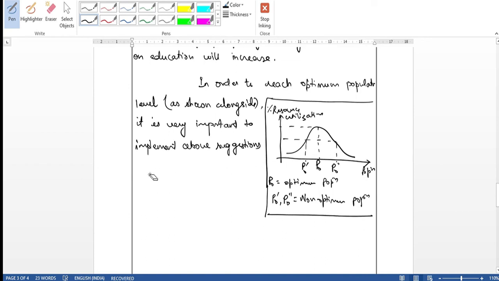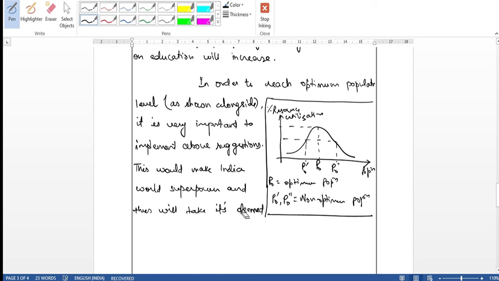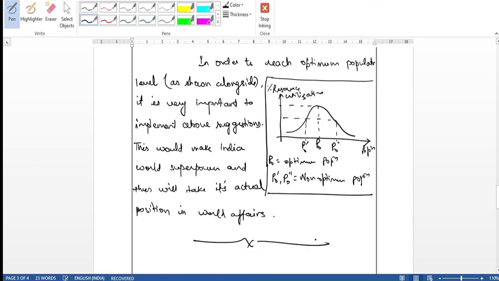The above suggestions would make India a world superpower and thus it will take its deemed, its actual position in world affairs. Done. So this is my answer for it.